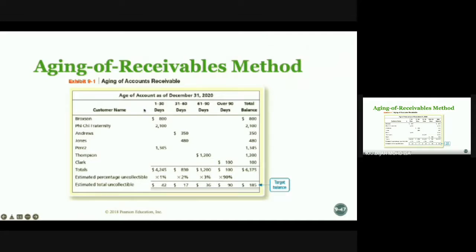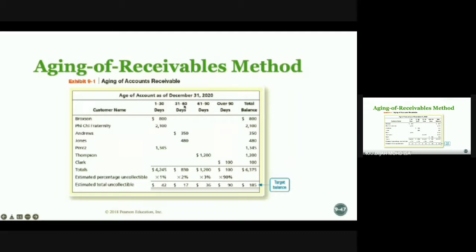So these are your customers. Broadson that owes you 800 will pay within 30 days. Pai Chi Fraternity, and then you have parents. So in this case, you know that these are the amounts, 4245, that you should receive within 30 days, right? And that's how you got 4245.